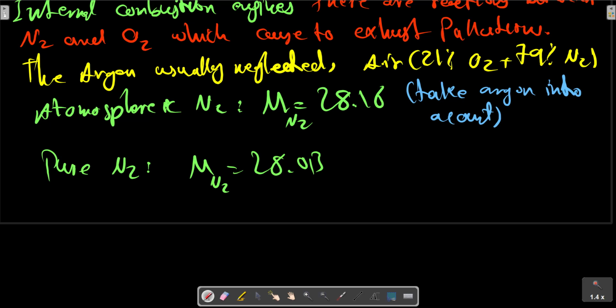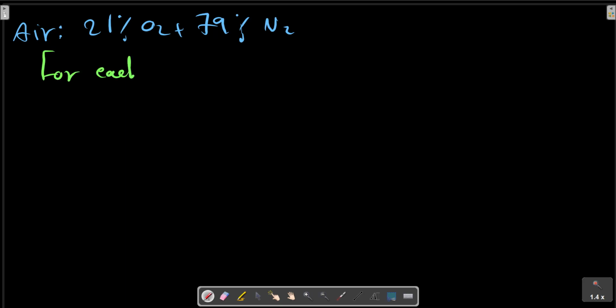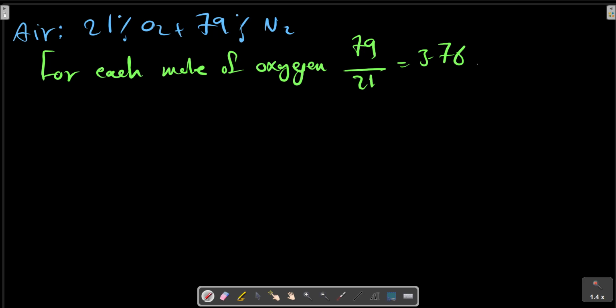The assumption that air is 21% oxygen and 79% nitrogen by volume leads to the conclusion that for each mole of oxygen, 3.76 moles of nitrogen are associated.